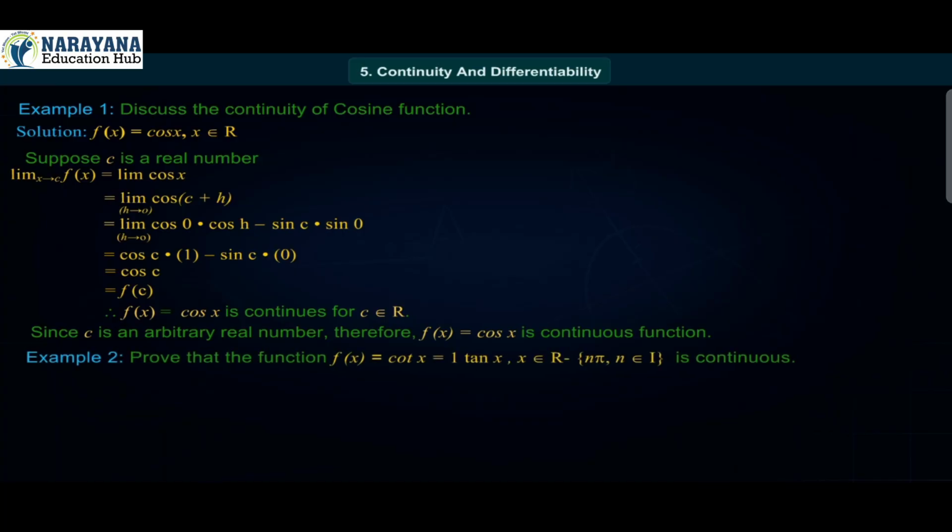Example 2. Prove that the function f(x) = cot x = 1/tan x, where x belongs to R minus {nπ}, n belongs to I, is continuous.